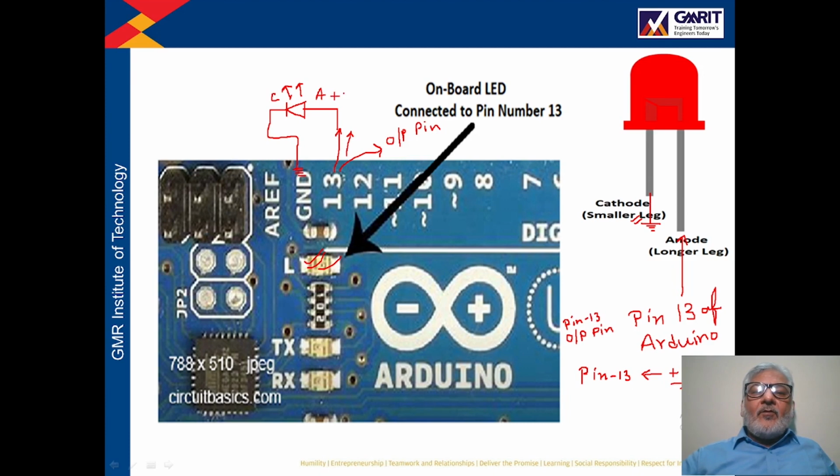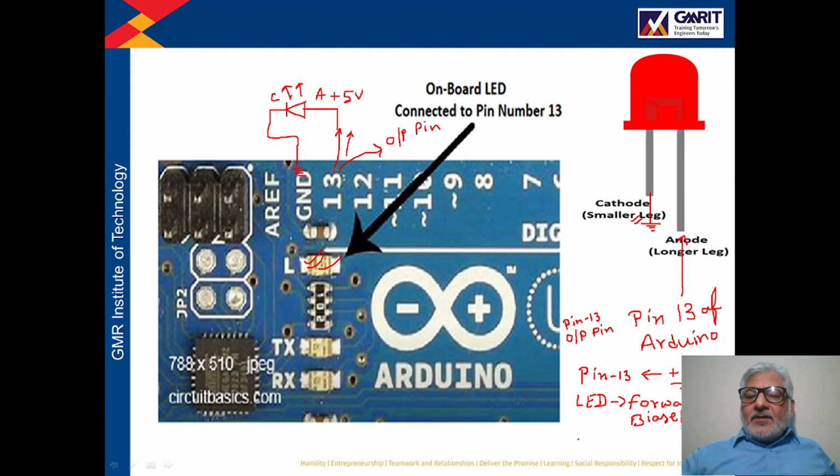So anode terminal will be connected to plus 5 volt. Now cathode is permanently connected to ground. So now with this, your LED will be forward biased, and if LED is forward biased, then it is on, right?